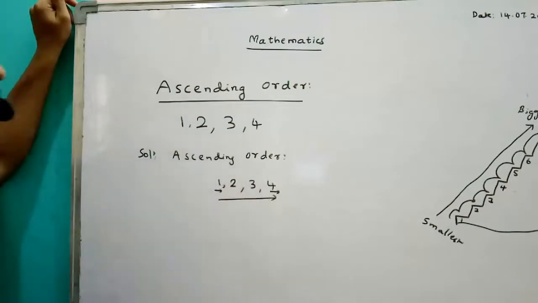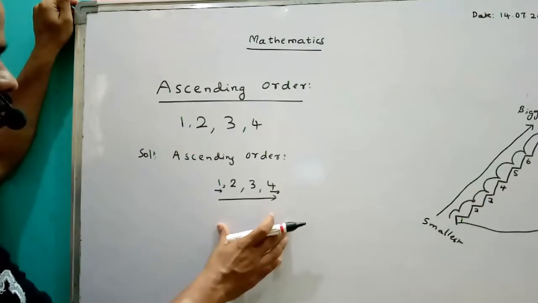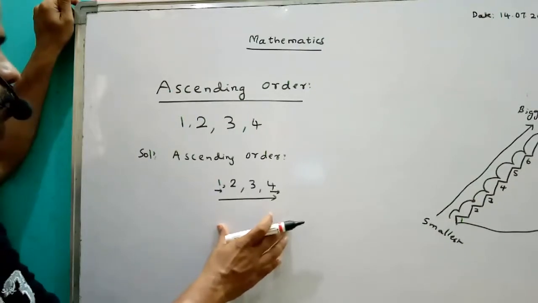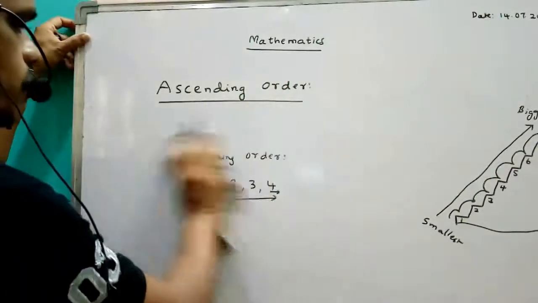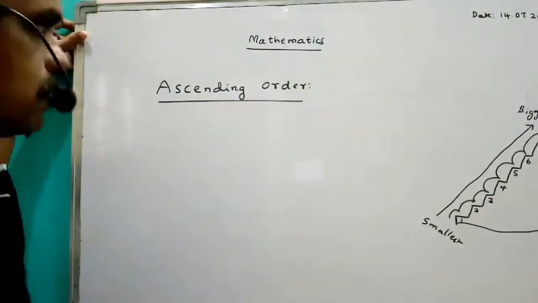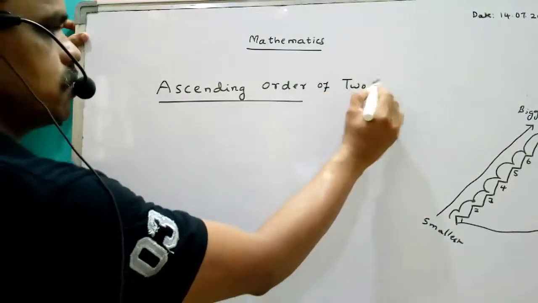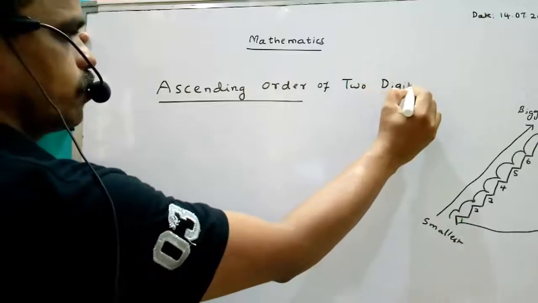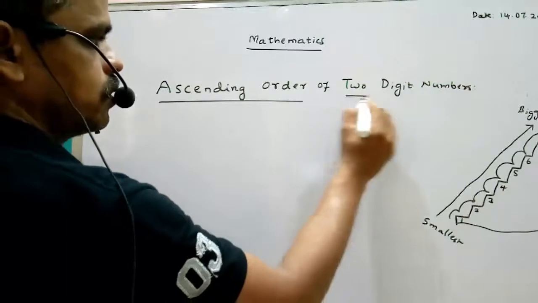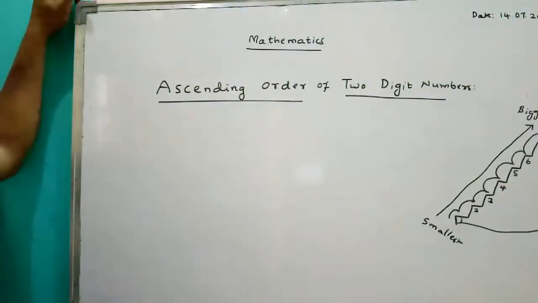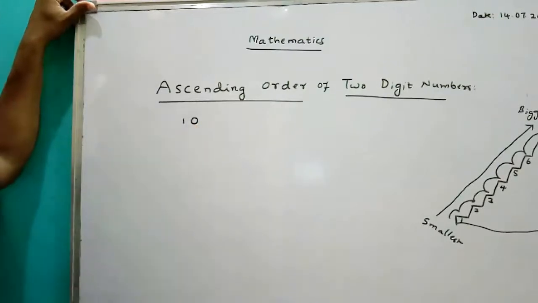1, 2, 3, 4. See, already last class we discussed ascending order in one digit numbers. Today we discuss two digit numbers. See, 2 digit number starts from 10.